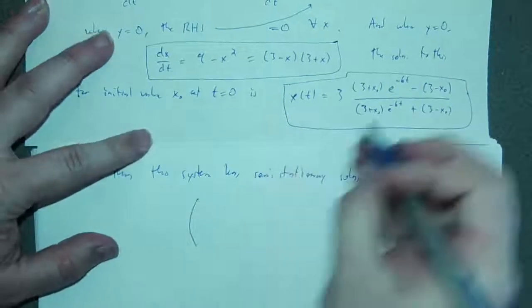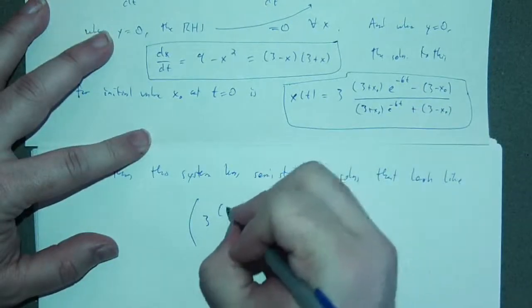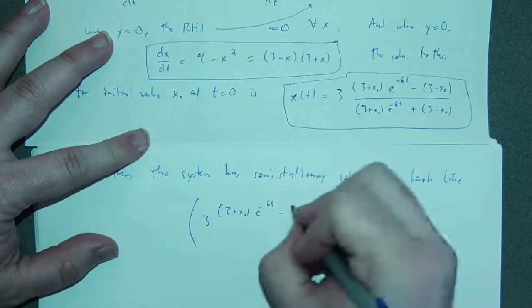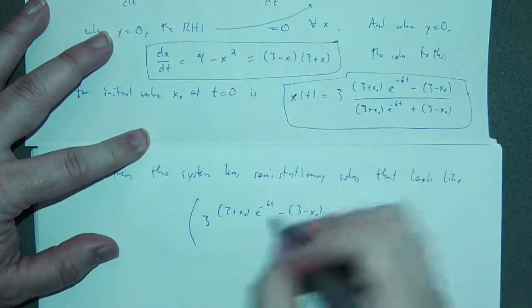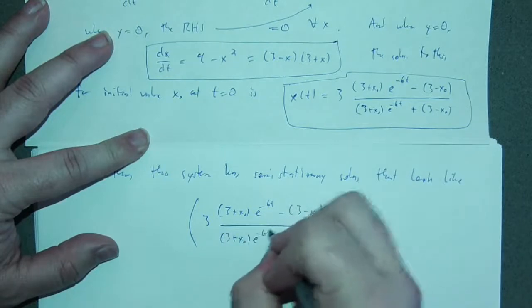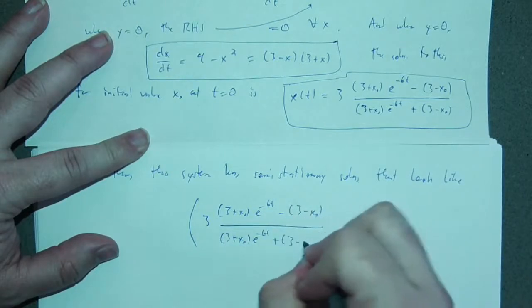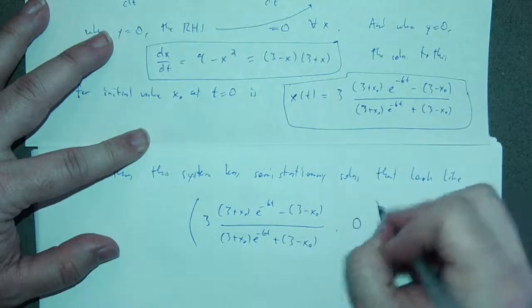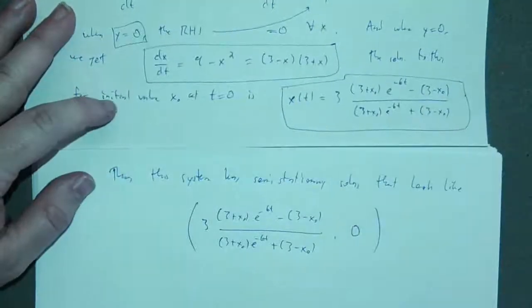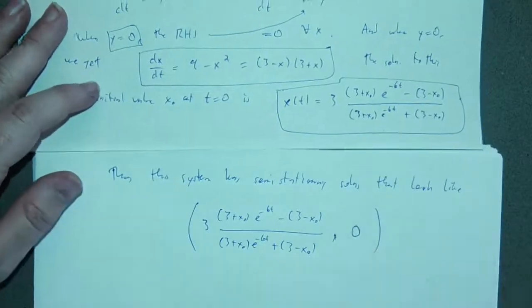So x in the first slot is this thing, 3 times 3 plus x naught e to the minus 6t minus 3 minus x naught over 3 plus x naught e to the minus 6t plus 3 minus x naught. And 0 in the second slot, right? Because this is for y equals 0. So this is what the semi-stationary solutions look like.